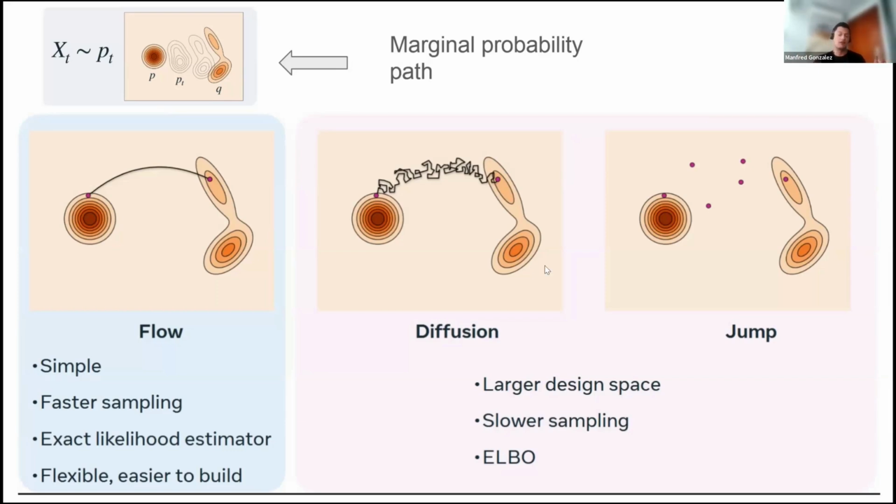And that's why you have a noisy path from your simple distribution to your complex distribution. This is the figure in the center. So you can see that it's a bit curly because you are adding stochasticity into the path. And basically you will have a random trajectory to the target distribution. You have jump models, and also you have one-shot generative models like GANs, generative adversarial networks, right?